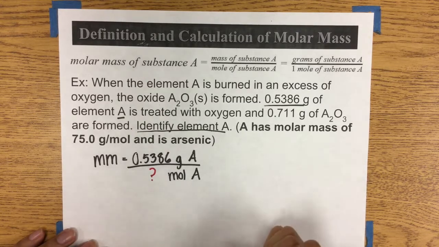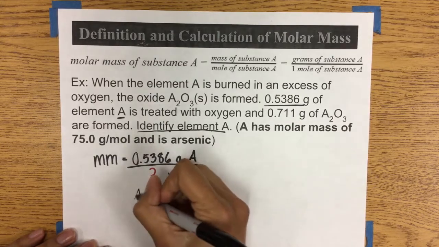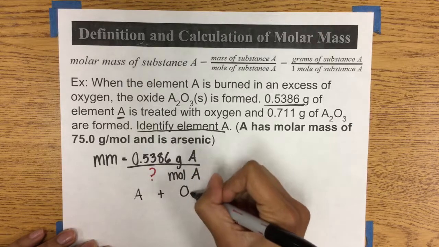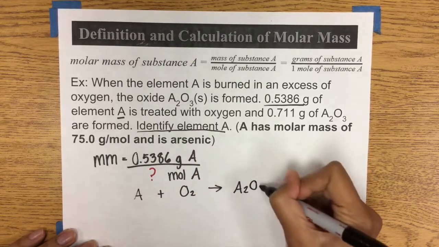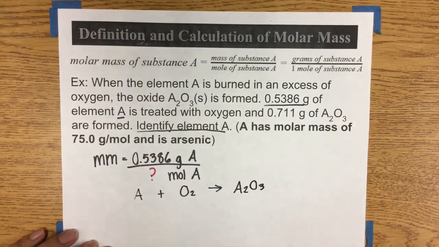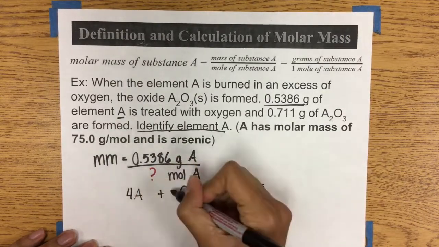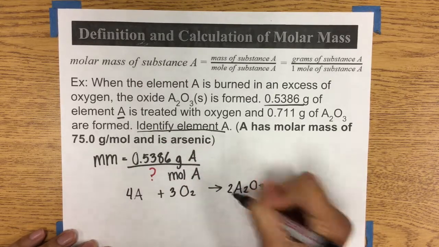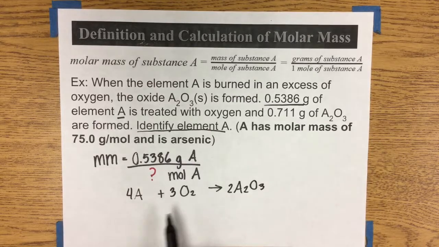To start off this problem, we should write a balanced equation. Once you balance all of your coefficients, you will end up having 4 here, 3 here, and a 2 here. Now we need to write down what we know.